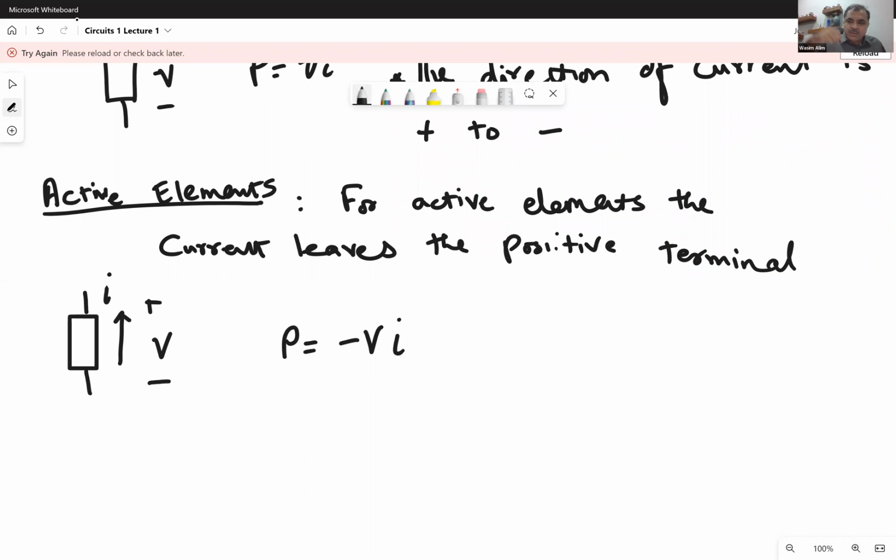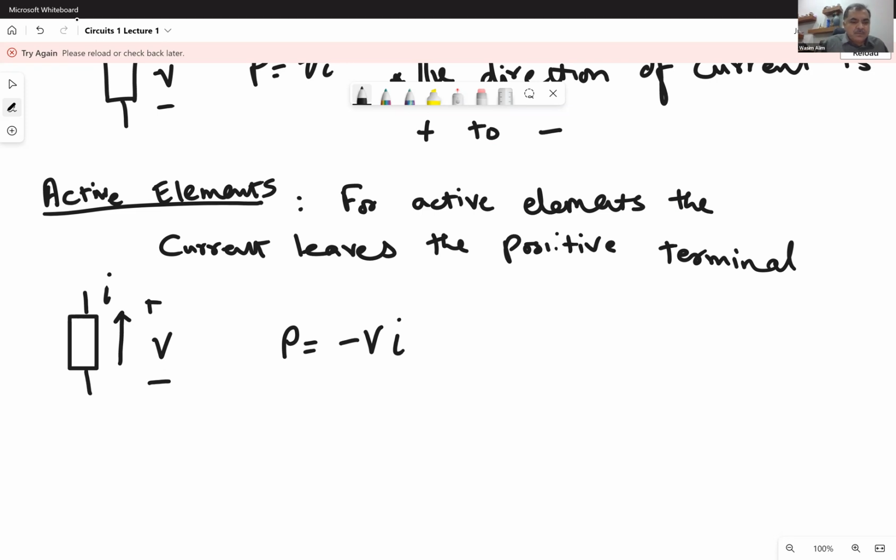The way we count the voltage, in the direction in which we're counting it, is where the negative sign comes from. We're sort of going from bottom to top here, so therefore we consider the negative sign there. Okay, so that's why you have a minus VI.